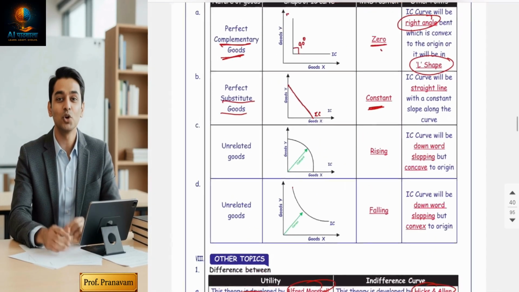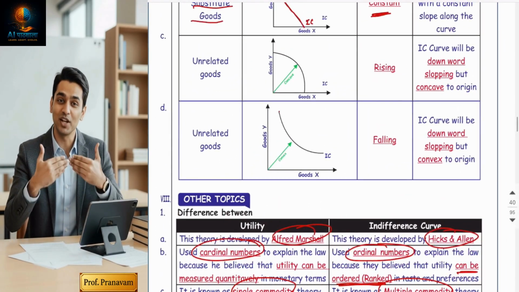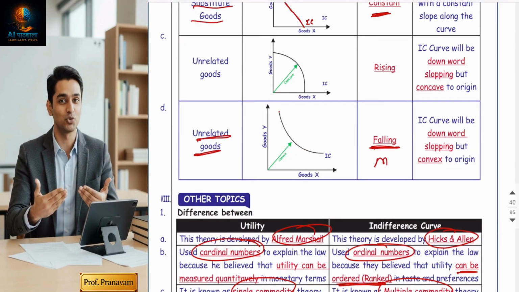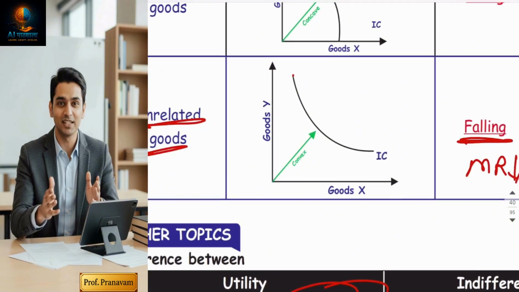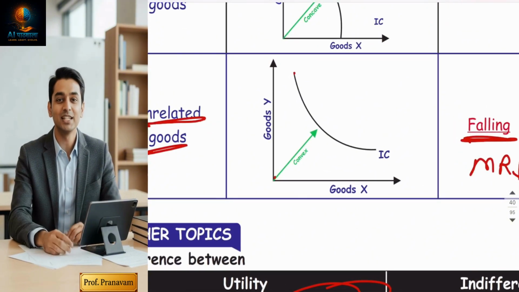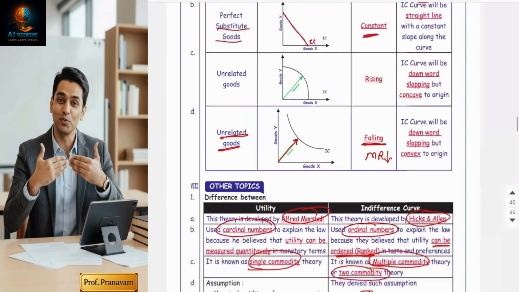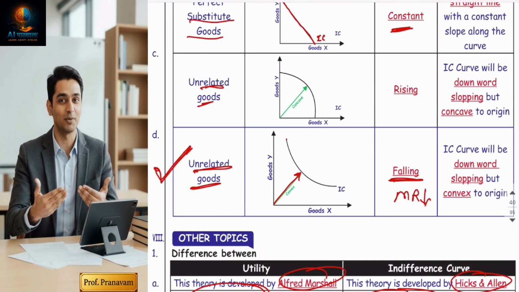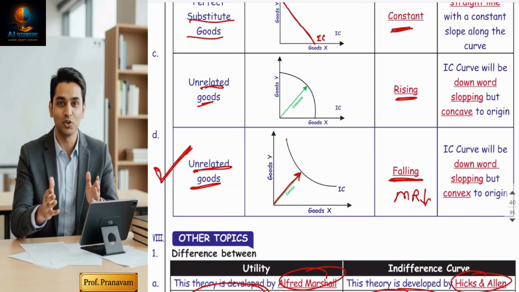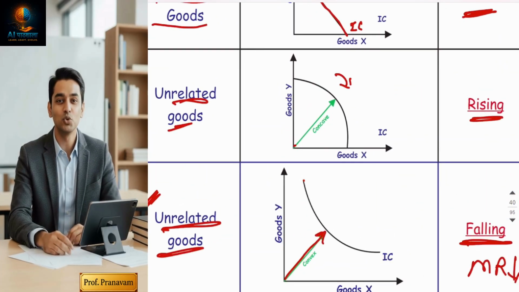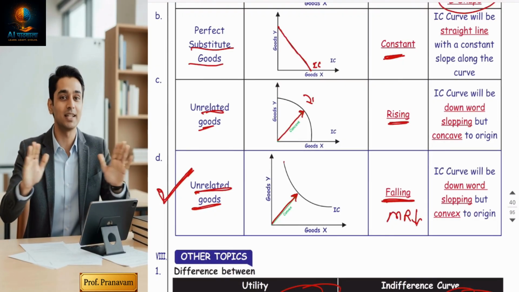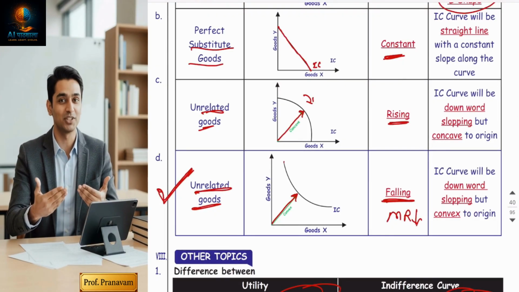So this theory is applicable only on unrelated goods, and MRS should be falling. Then only you will get a proper IC curve convex to the origin. This is my actual indifference curve. But if goods are unrelated and MRS is rising, your curve will be downward sloping, but it will not be convex, it will be concave. So please keep in mind, if MRS is rising, your indifference curve will be concave to the origin.